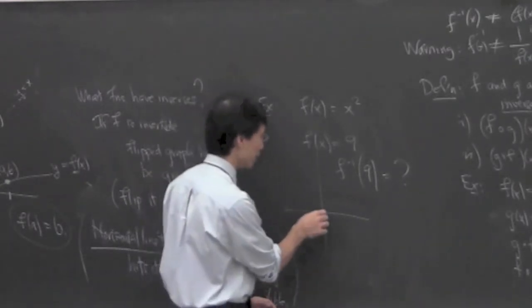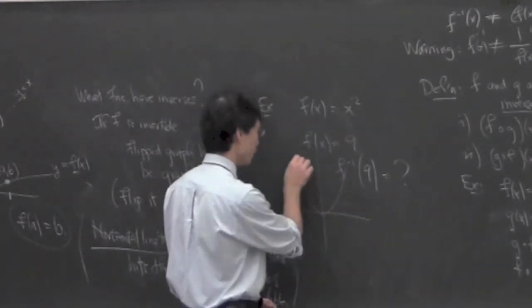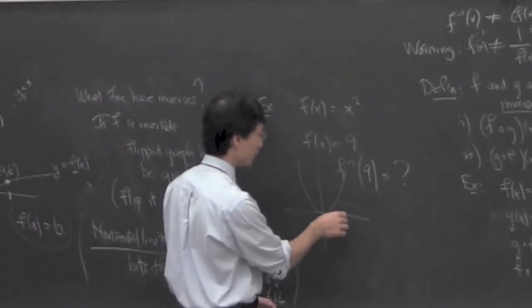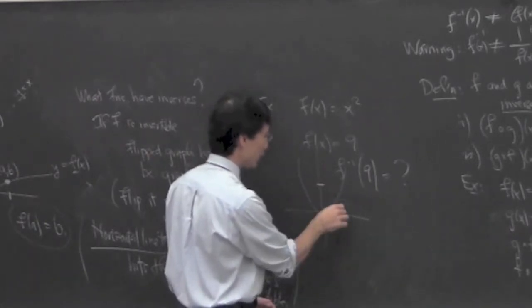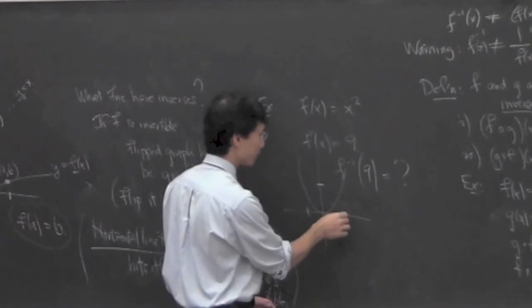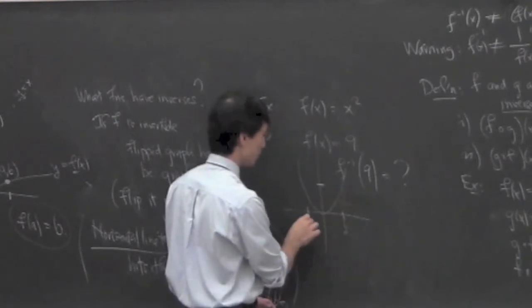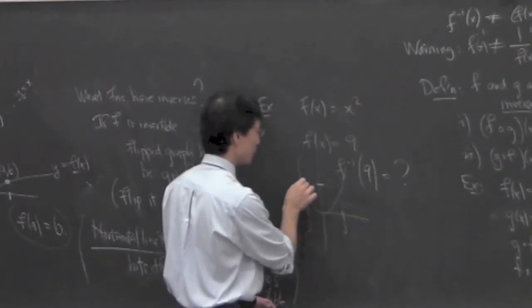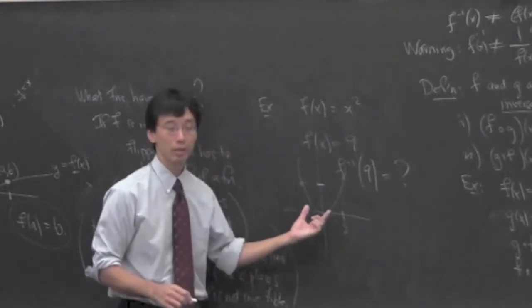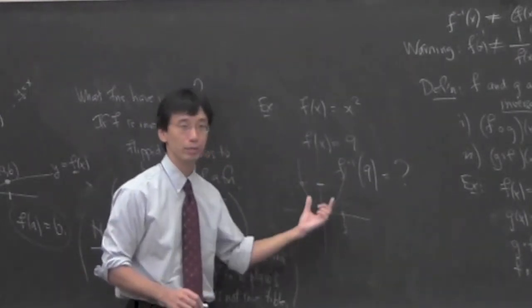You can see that with the horizontal line test: these two points, 3 and negative 3, get mapped to the same height, so there's no way to invert it.